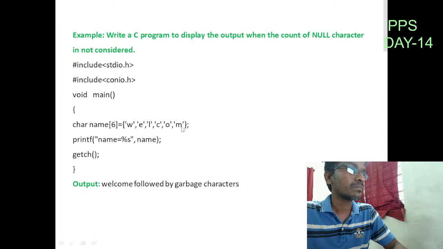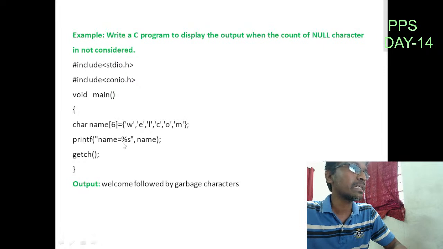But here I am not going to specify the null character. Including the null character, the size of the name should be 7, but you have given the size of the name as only 6. That means you are not providing sufficient extra memory space for storing the null character.